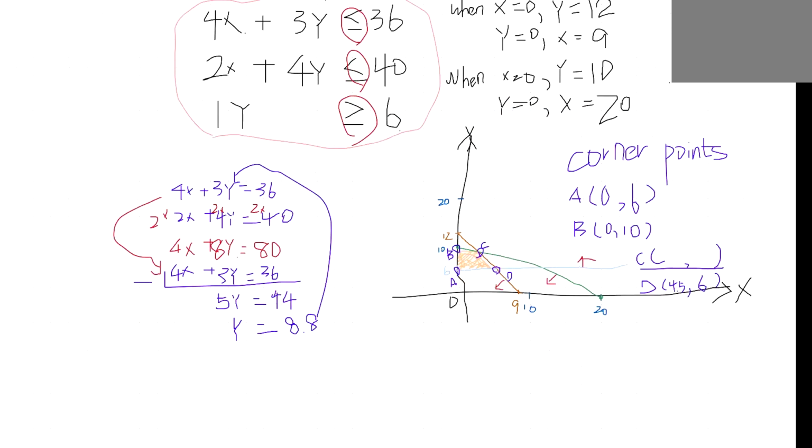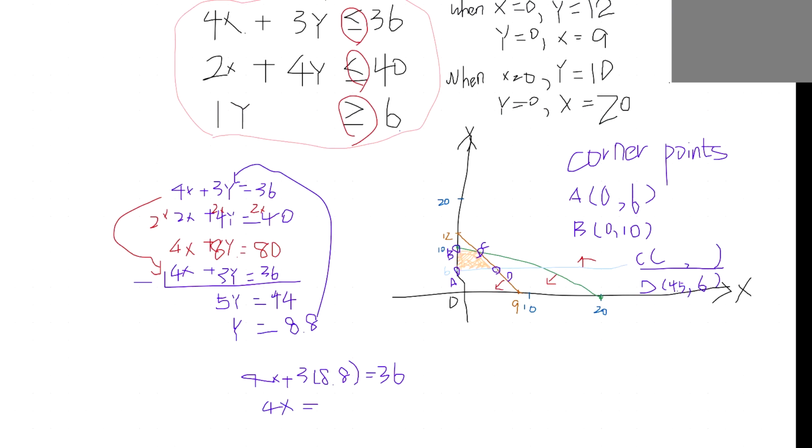So 4x plus 3 times 8.8 equals 36. Then 4x, what is it? Can you calculate for me? The 3 times 8.8 is 26.4. And then 36 minus 26.4 is 9.6.